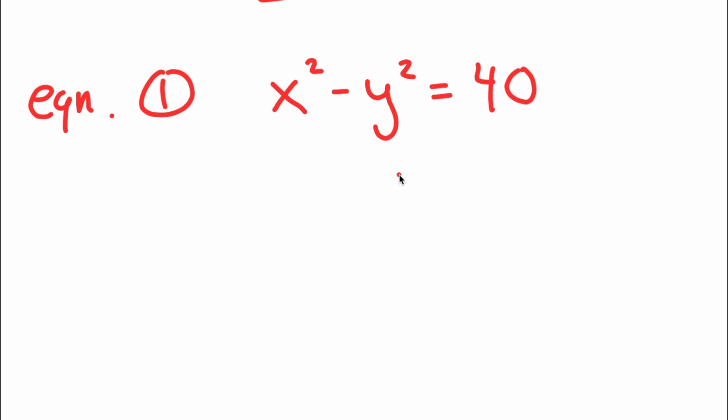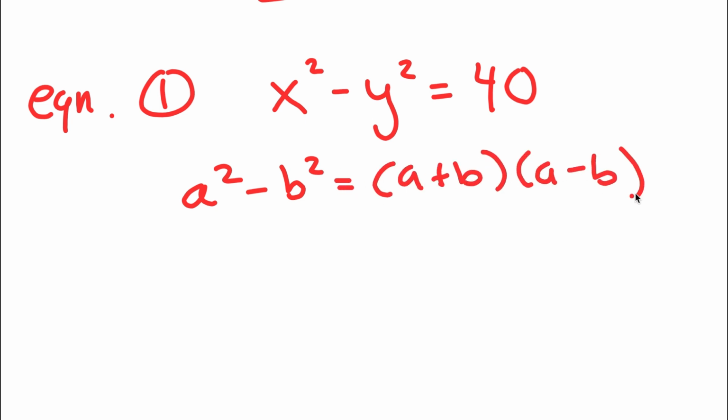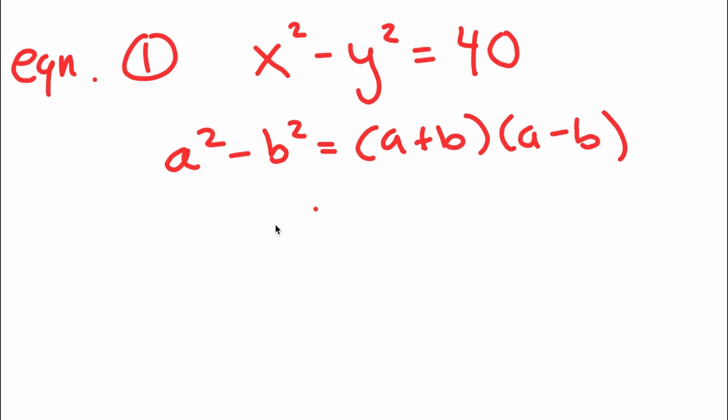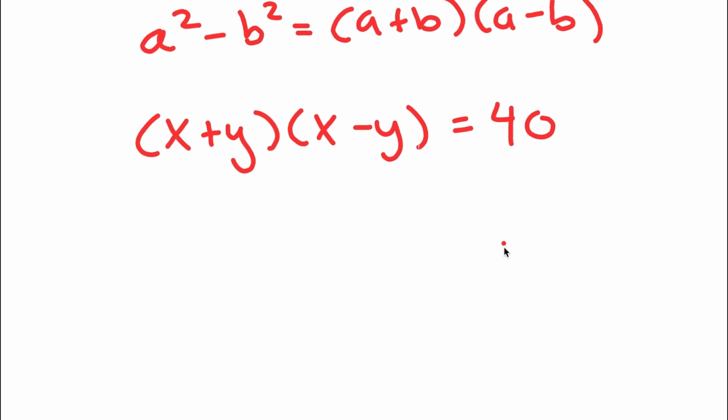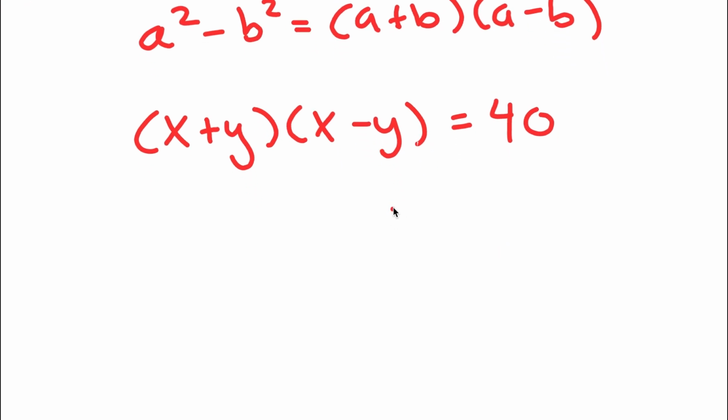If I have something in the form a squared minus b squared, this is equal to a plus b times a minus b. So x squared minus y squared is equal to x plus y times x minus y, and this is equal to 40. Now from here, I'm going to square both sides.